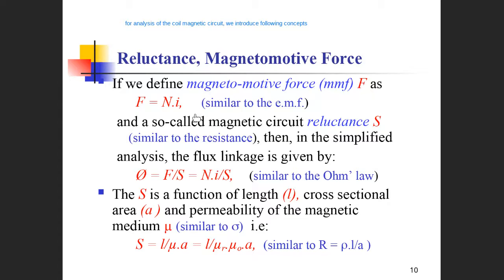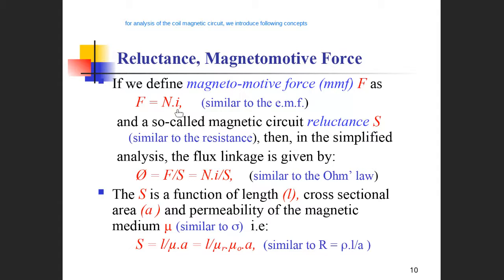The first thing is the magnetomotive force. Because the current on the coils produces the magnetic field, the current on the coils serves as the source of the magnetic circuit, just like the voltage in an electric circuit serves as the electric current source. Here, the current on the coils serves as the magnetic field source.